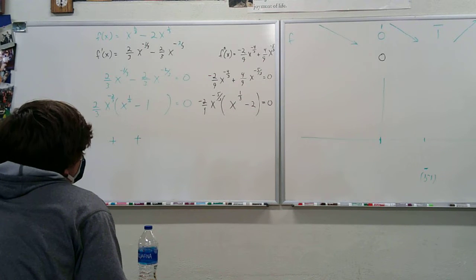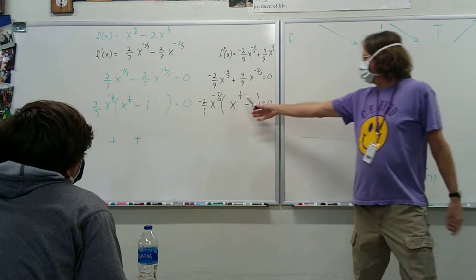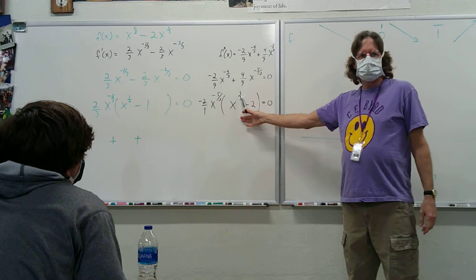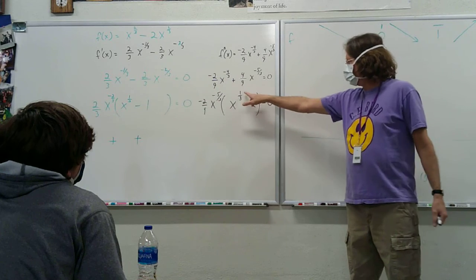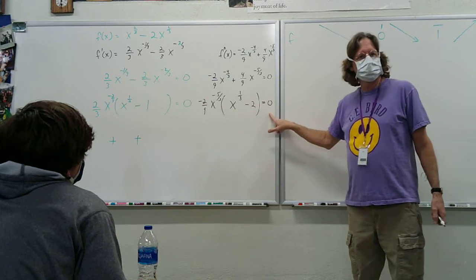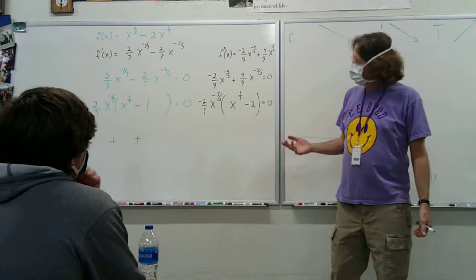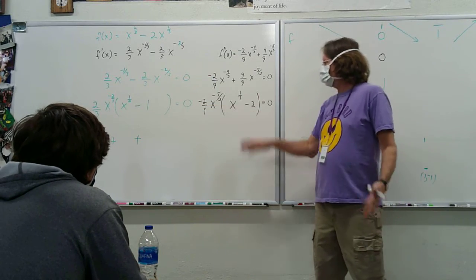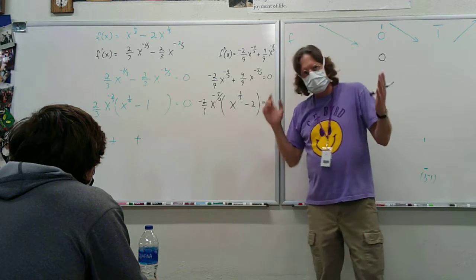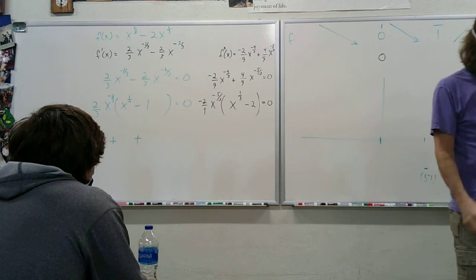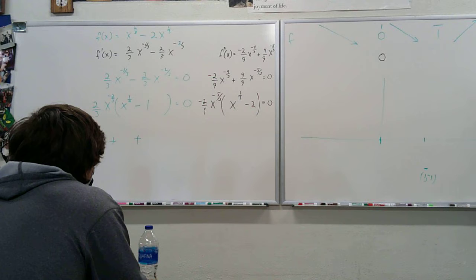Wait, why is it 8? Okay, what's the cube root of 8? Why is it plus? Oh, that's what makes it 0. Yeah, cube root of 8 is 2, and 2 minus 2 is 0. Now, if you hadn't factored out the negative sign right here, it still would have given you 8, because you'd have had to take the cube root, and it still would have given you the same thing.